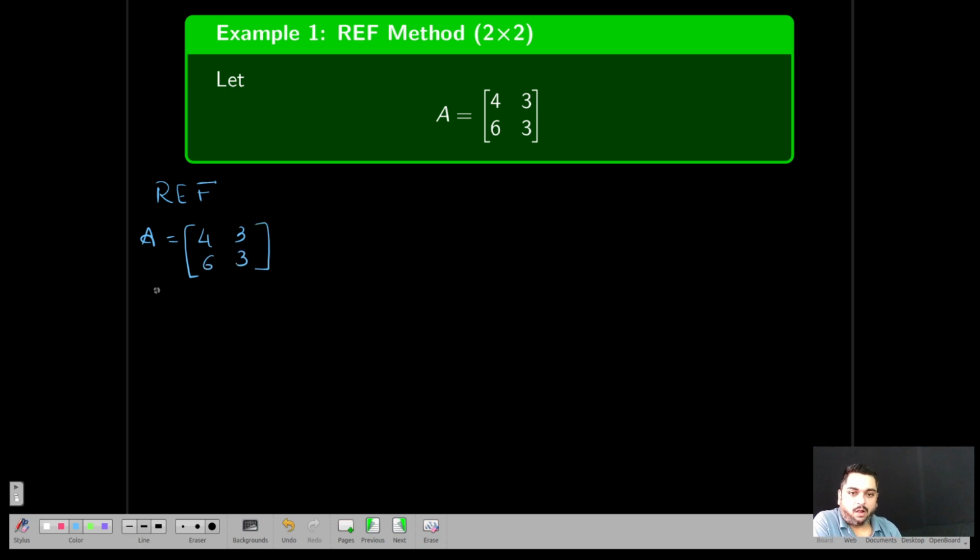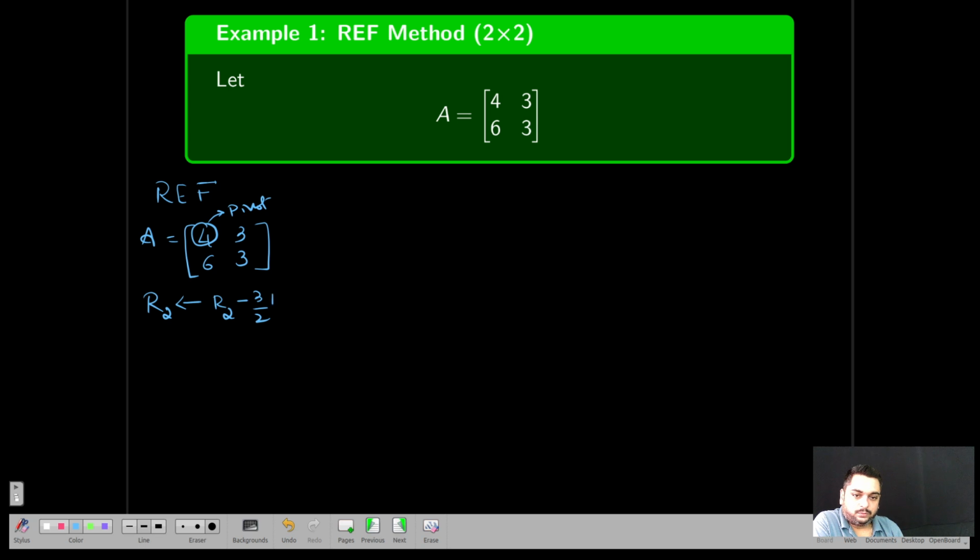So let us apply row echelon form. This is my pivot element. I want to make the entry below that pivot element 0. So how will I make it? R2 becomes R2 minus 3 by 2 R1, since to make it 0, I have to multiply by 3 by 2.